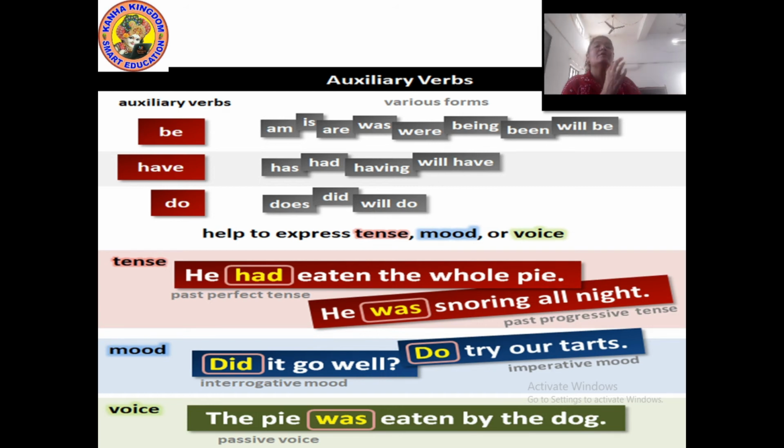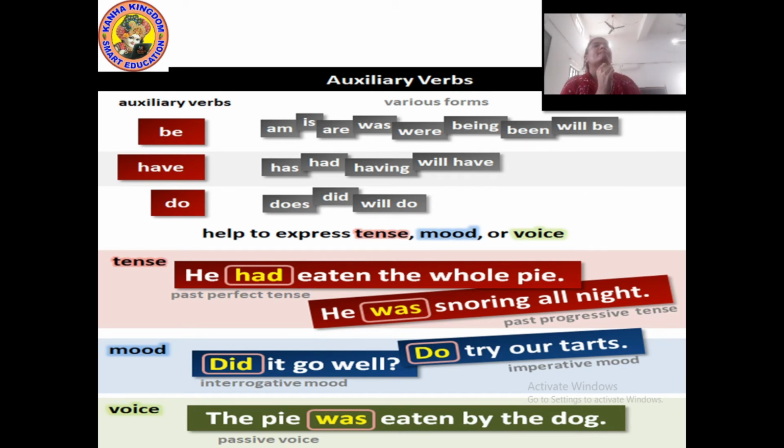If the auxiliary verb is do, then its various forms will be does, did, will do. Fine. Means here we can say that auxiliary verbs help to express tense. Tense means past tense, present tense, future tense, perfect tense, continuous tense, etc. Mood and voice. Voice means active voice or passive voice.